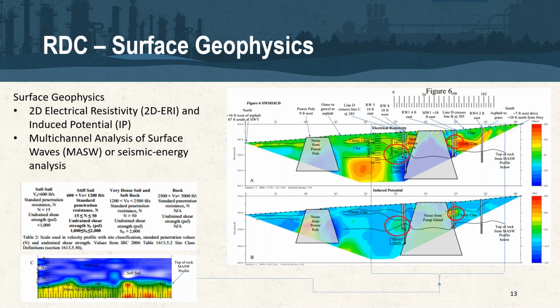The pictures here, if we want to take a quick dive on these, the upper picture here is electrical resistivity, and the sister picture there is the induced potential. Think of resistivity as energizing the whole system, and then induced potential as the bleed off, the dissipation of that energy. So those two couple up very well together.